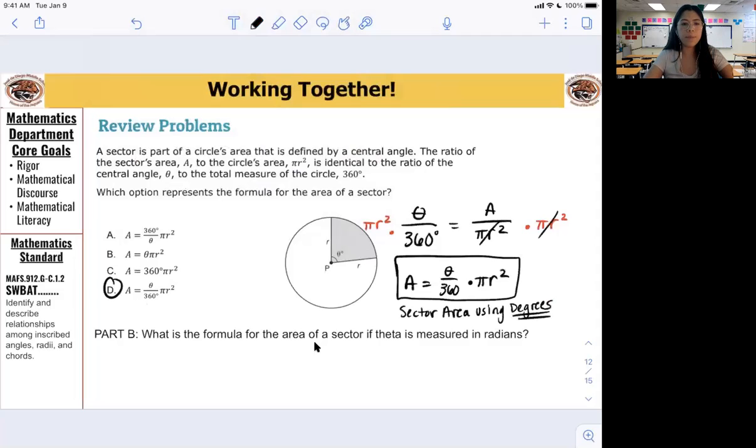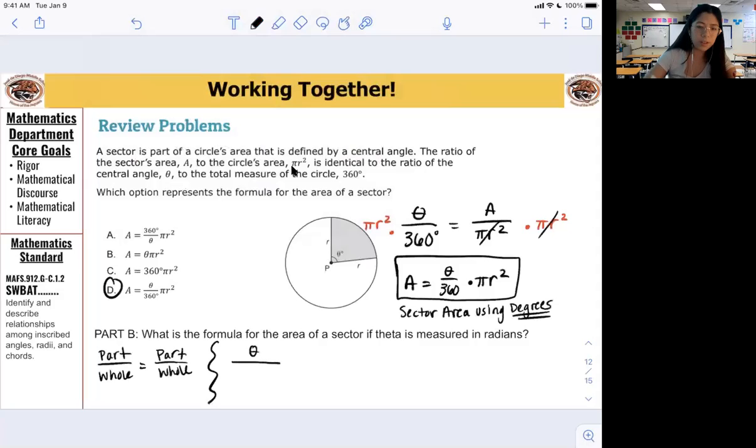However, now we've got part B. I want to do the same exact thing, but this time I want to use radians instead of degrees. So we have to think about this, because remember, we're doing part over whole equals part over whole. Don't forget that that's what we're doing. So I need to do theta over the whole circle.